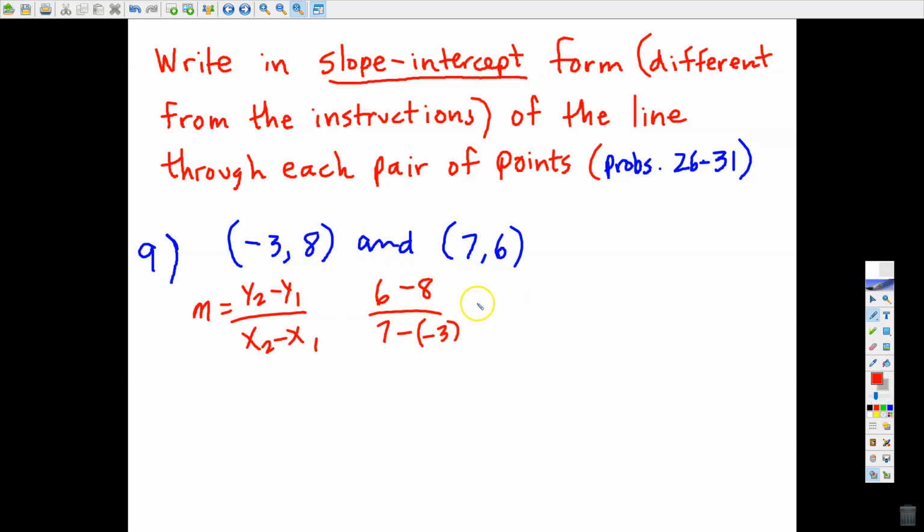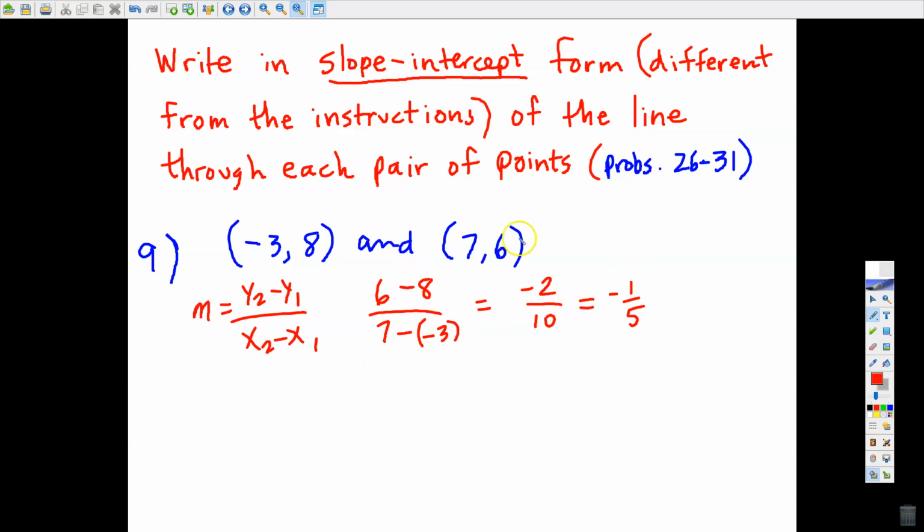Sorry. All right, so 6 minus 8 is -2. 7 minus -3 is 10, but we can reduce this and make it -1/5. So the slope of the line is -1/5.